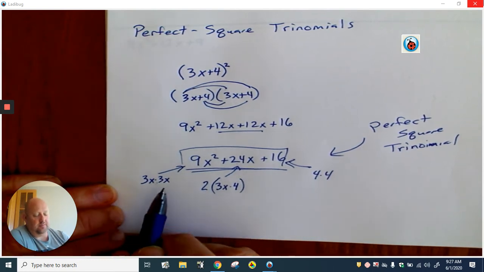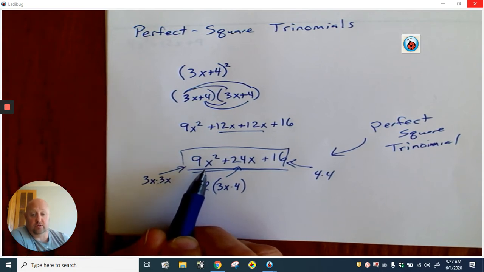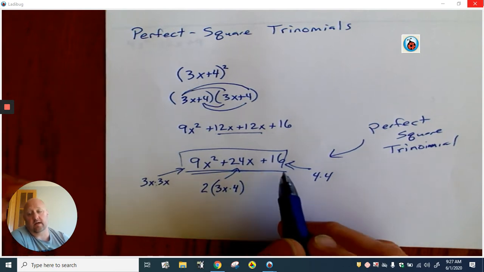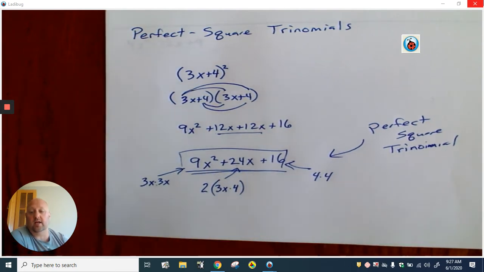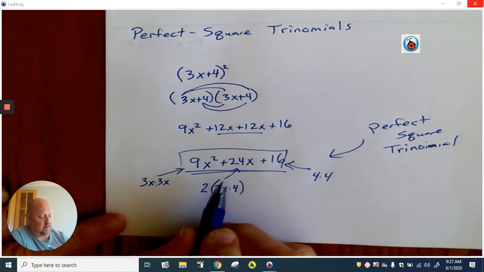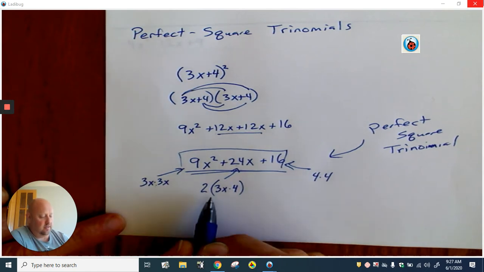So the question just becomes, you look at the first term, is that a perfect square? Yes, cool. Is the last term a perfect square? Yes, cool. Okay, so now we have a quick check to see, is this a perfect square trinomial? All you do is multiply the root here and the root here, multiply those together, times it by 2.